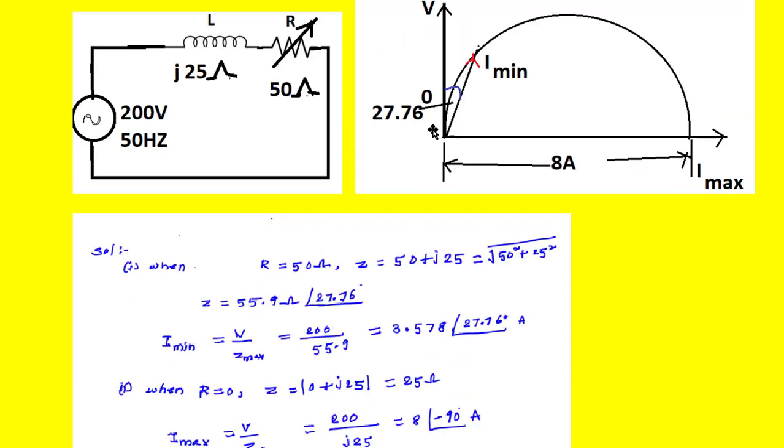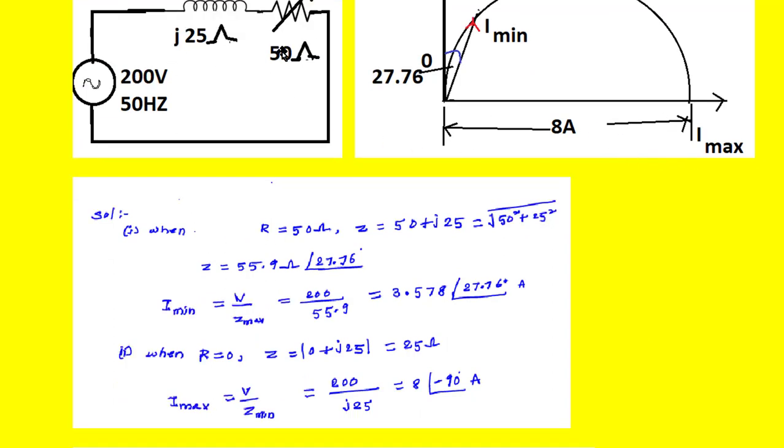With respect to the applied voltage V, we have to draw the current vector like this. This value is 3.578. The maximum current is when this becomes 0, which we have already calculated with R equal to 0, that is 8 amperes.